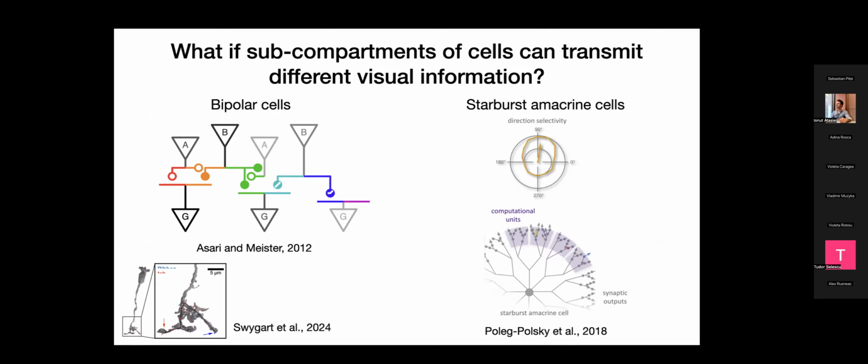That means that each of these neurites pointing in a different direction is its own computational unit that is direction selective in the direction from the soma outward.